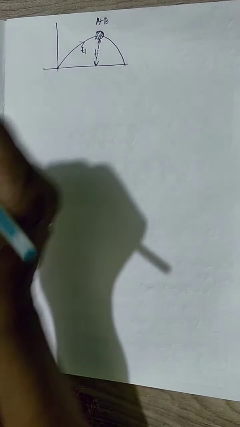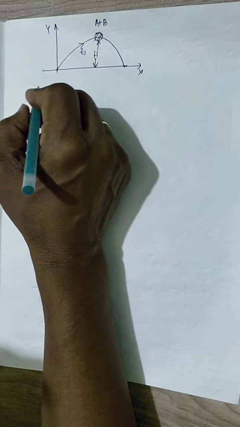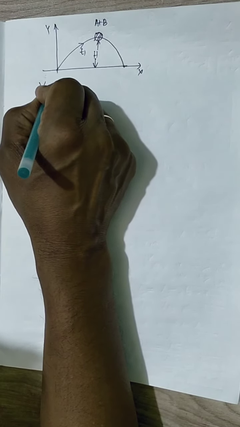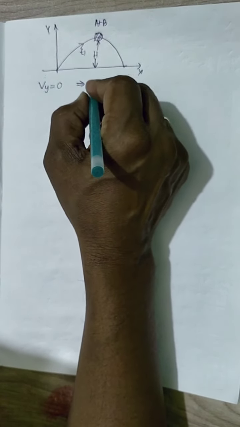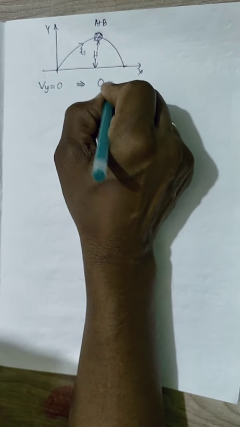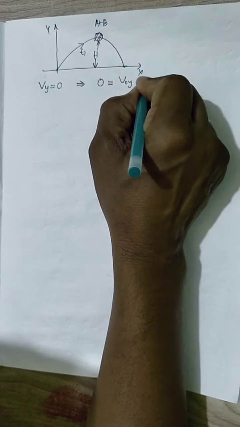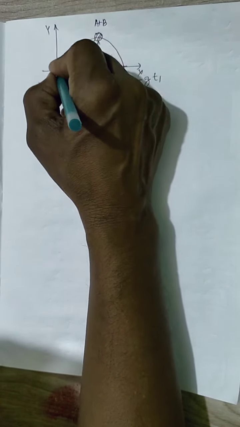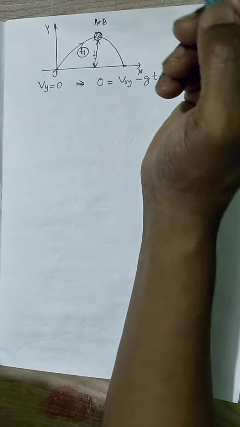Now at B, Vy is equal to 0. Using the equation v is equal to u plus at, we find that 0 is equal to v0y minus gt1. t1 is the time taken to move from its start point to maximum height.